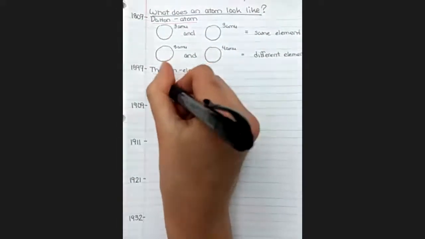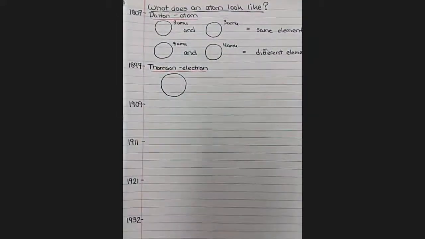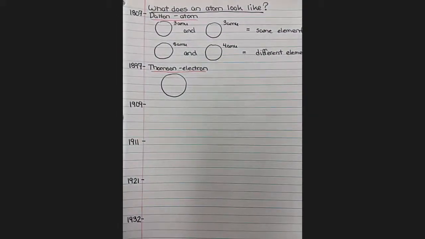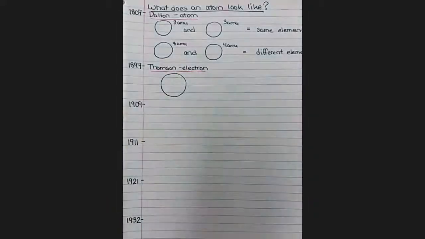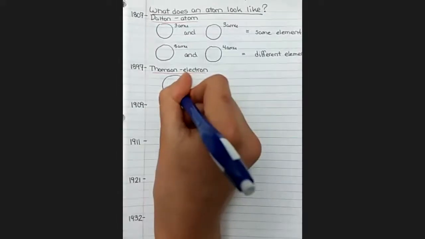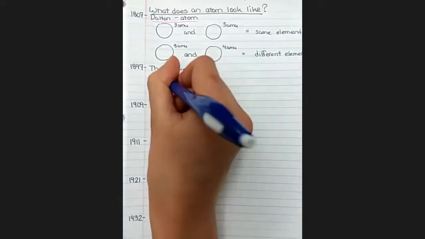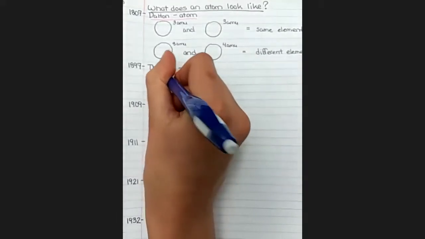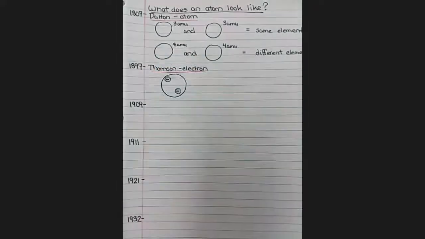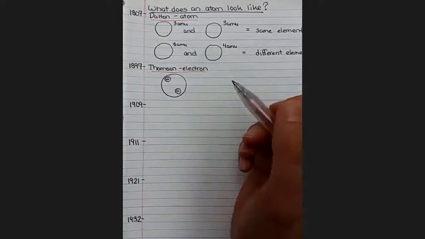So now we're going to say we have this atom, roughly spherical, probably, neutrally charged overall, but with negatively charged things inside of it. So we'll draw in some negatively charged electrons. There's a couple. Okay, we've got a couple of negatively charged things, and we know that the rest of it must be equally positively charged.